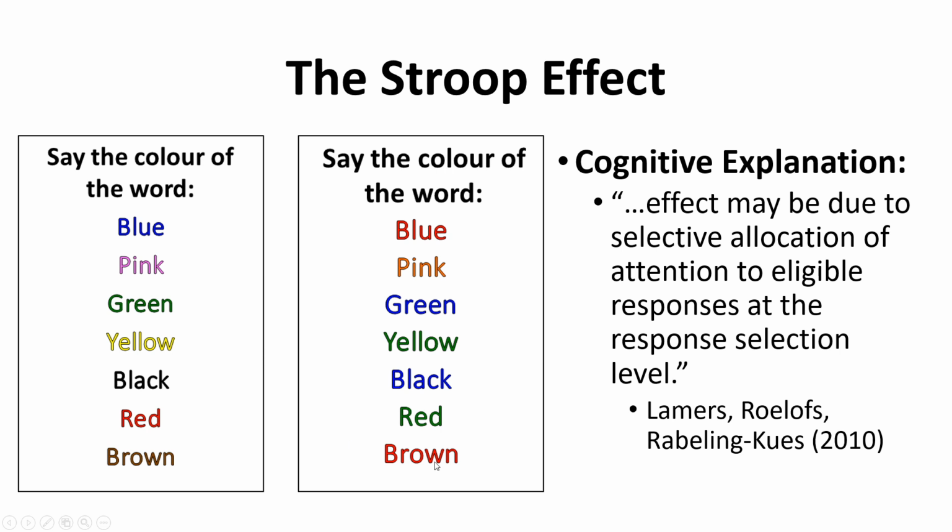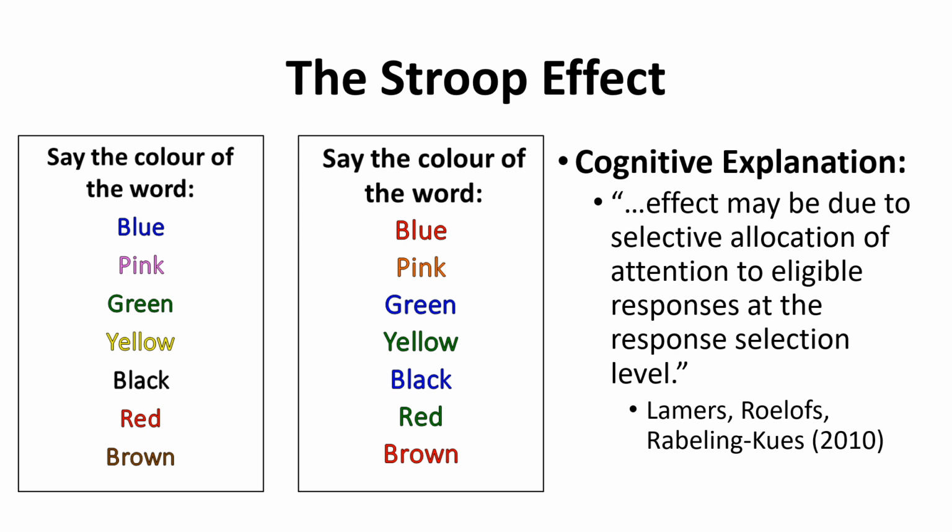If we move to the second box, however, the word says blue, but the color of the word is red. And we'd see much slower responding to this because we're reading blue, but we're seeing red, and we have to say what color we're seeing, but not what word it is. And there's basically cognitive interference where we see a delay in our reaction time.